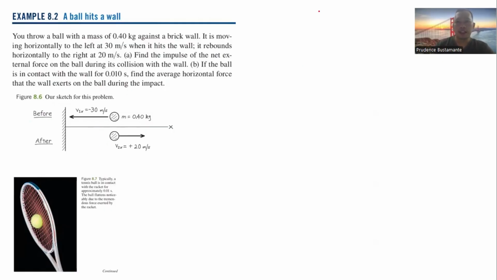Let's recall first what we have learned. We have the impulse-momentum theorem, where the impulse is equal to the change of the particle's momentum: the final momentum minus the initial momentum.